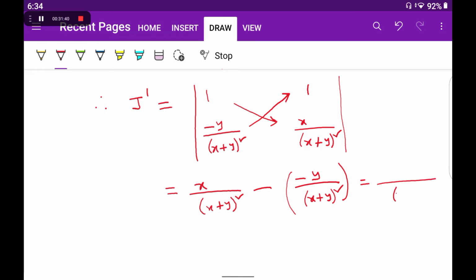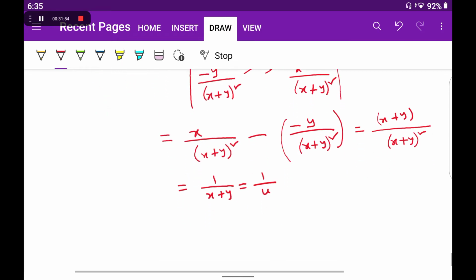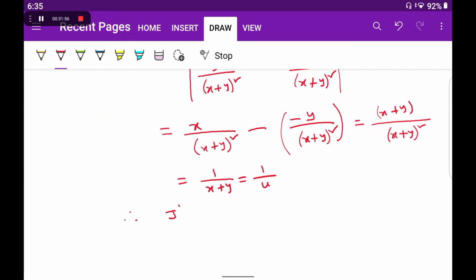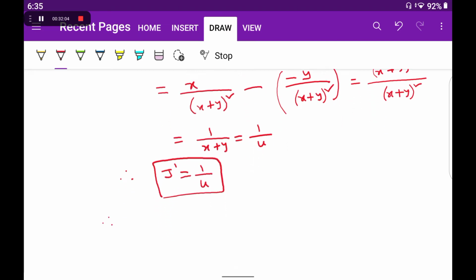So the denominator x plus y whole square is the LCM. In the numerator it is x plus y, and one x plus y gets cancelled. It is 1 by x plus y. But what is x plus y? It is u. So it is 1 by u. Therefore J dash is 1 by u. And what we are asked to show is that J into J dash equals 1. We got J as u and J dash is 1 by u. So it is 1. Hence proved.